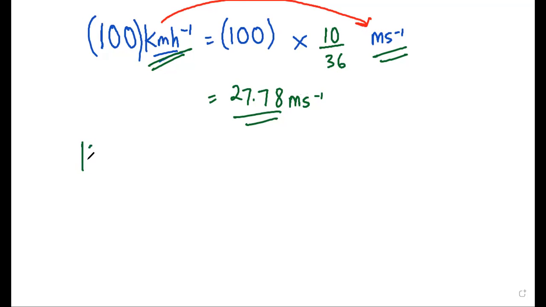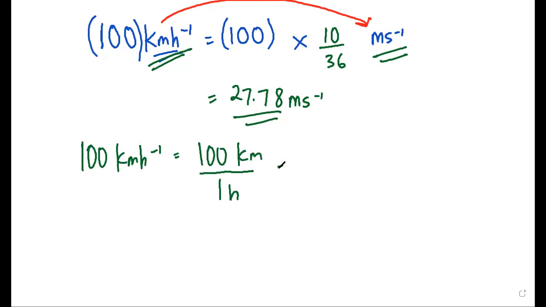You might be asking why. It's very easy. See, 100 kilometer per hour was actually equivalent to 100 kilometer per 1 hour. If I'm changing the whole unit kilometer to meter, I have to take 100 times. Kilometer to meter is 1000 meter times 1000. 1 hour changed to second is 3600 seconds.